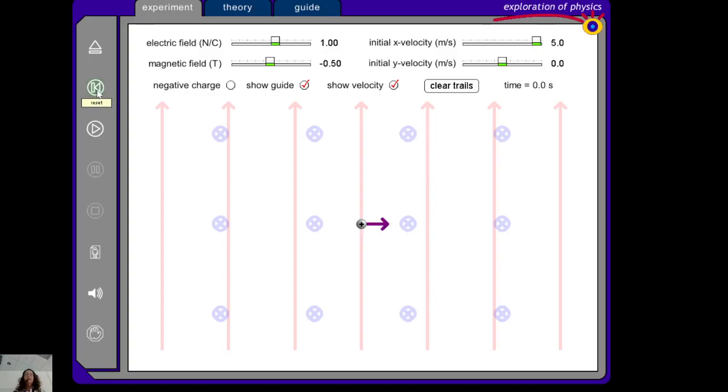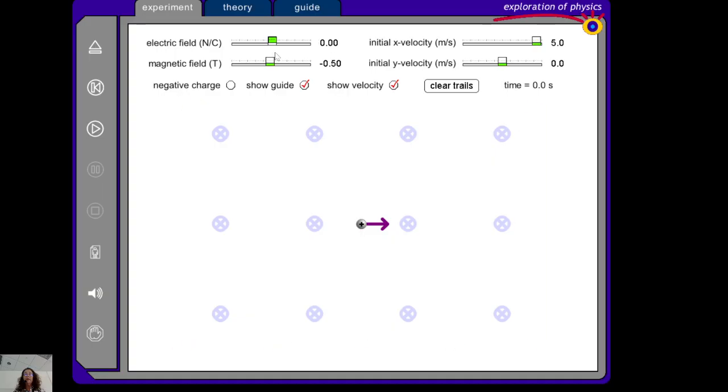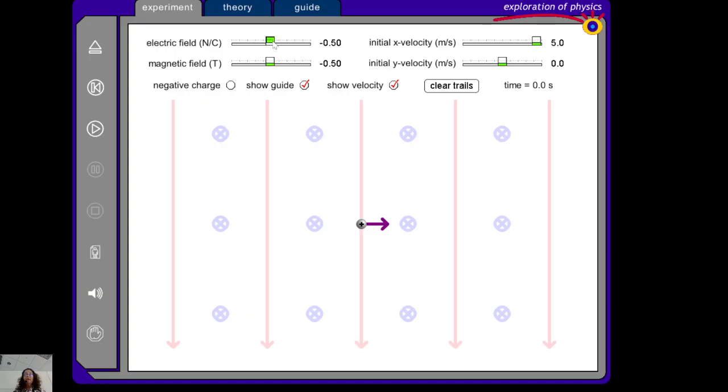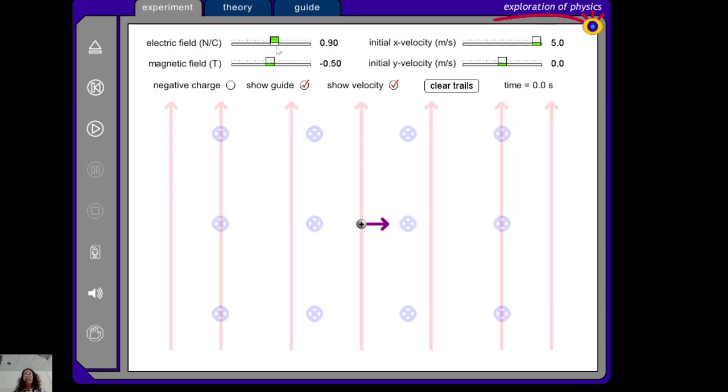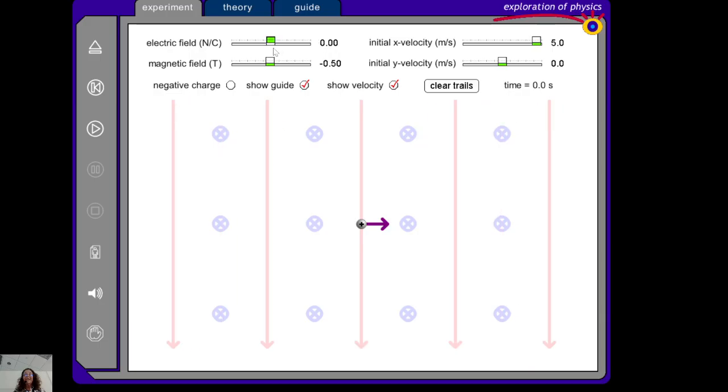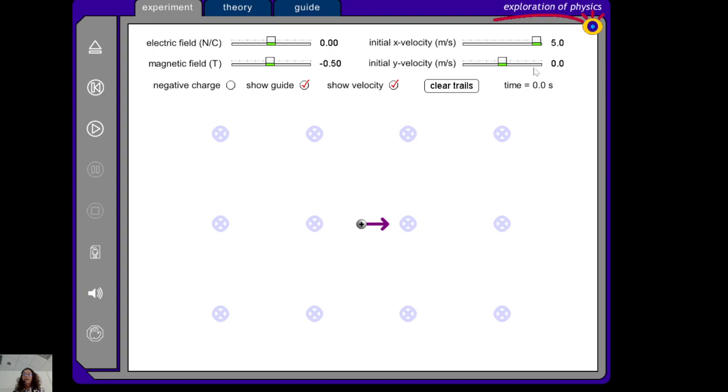If you have a magnetic field, so now I'm going to remove the electric field here. Okay, and let's say there is no velocity. So the charge is not moving. So forget about the arrow here. It's not moving. Is there a magnetic force?